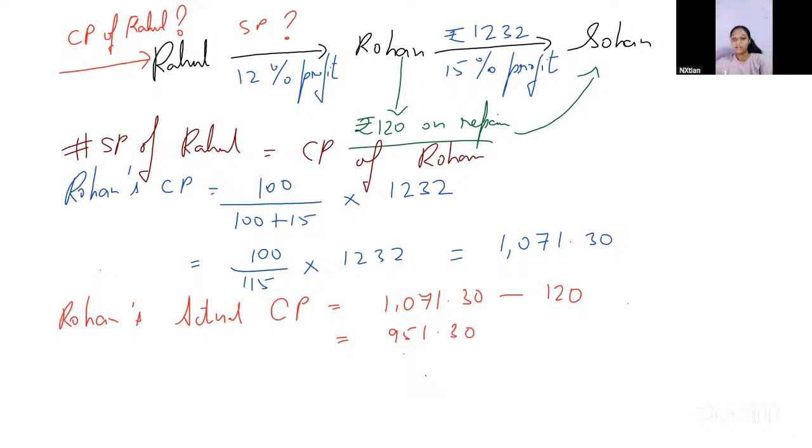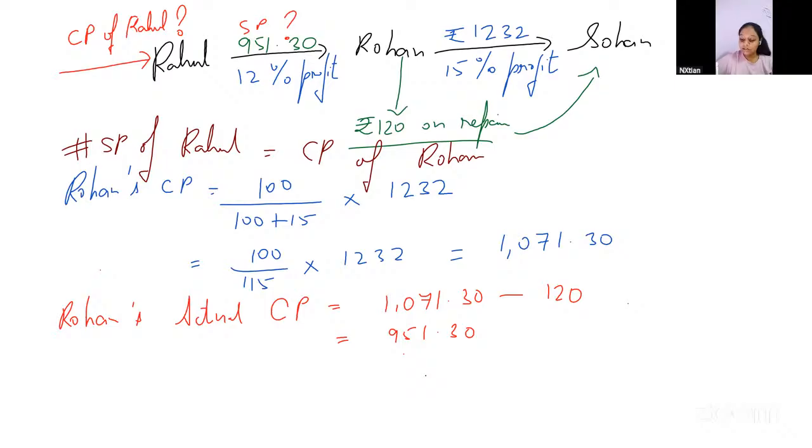Now this price, 951.30, is Rahul's selling price. Rahul's selling price means which price? This one, 951.30. I have to calculate now the cost price of Rahul.